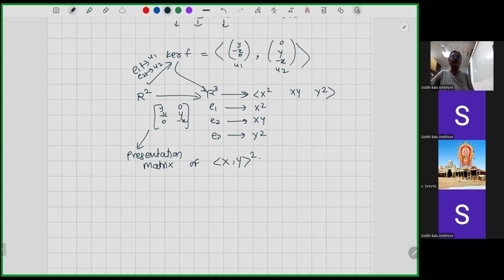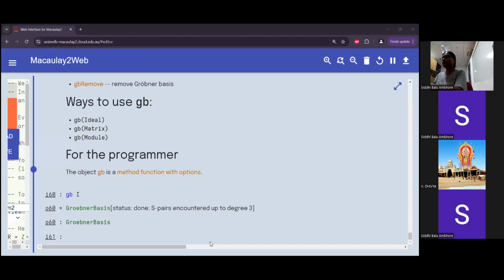Okay, and you can quickly define, I mean, this is like the last thing which I will be sharing for today. And we will quickly see that this is exactly the presentation matrix. Okay, so we can define this.